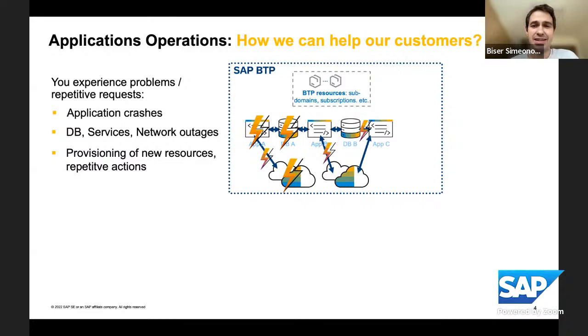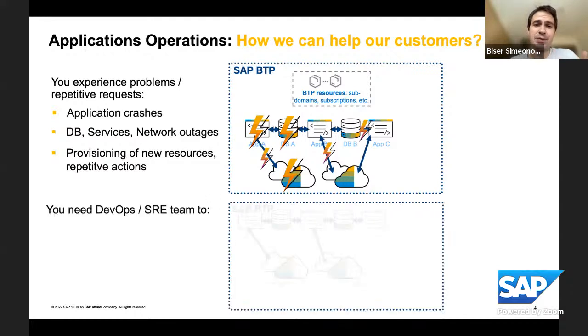And even on top of it, we might be facing a situation where we have multiple repetitive actions. For example, provisioning different subdomain subscriptions, let's say different types of BTP resources which are needed for our development and testing process. So all of that will require a lot of time. Why so?